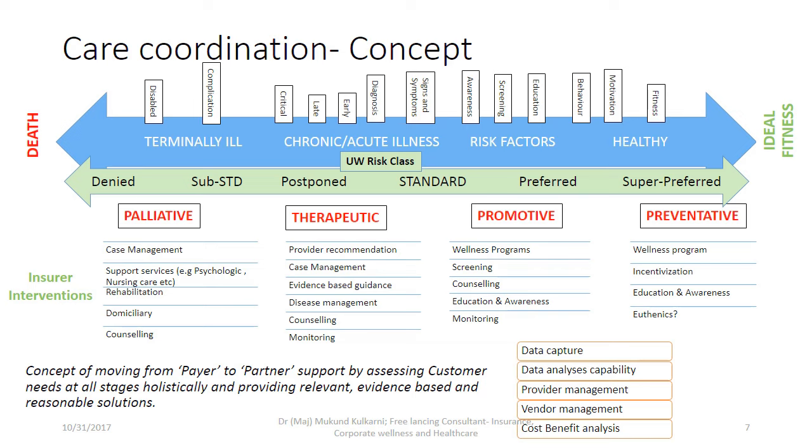So as a concept, if you draw a spectrum of somebody's life, and I would say a segment of that life is going to be the customer's insurance journey, you would see that people on the rightmost side are the most preferred lives for the insurance company, because they are top fit people, ideal fitness people, and they have very high motivation.